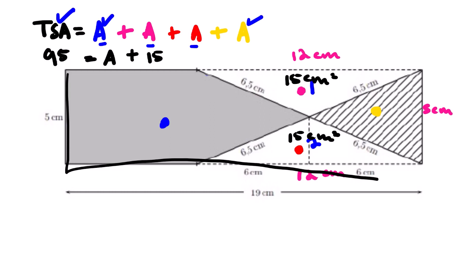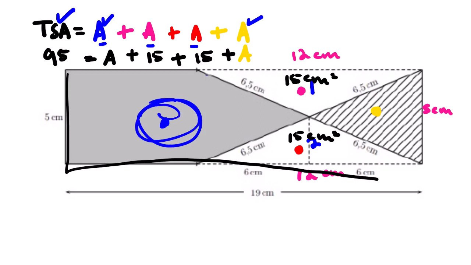So we have 15, plus the red one which is also 15, plus the yellow one. But in this case we have two unknowns, because now we are looking for the area of this shape so that we can add it to this. So let us calculate the area of this shape here.